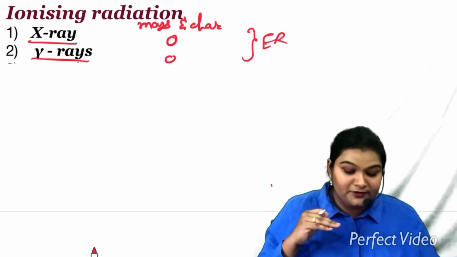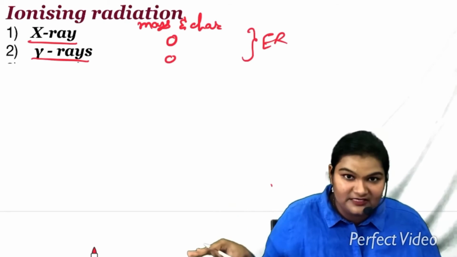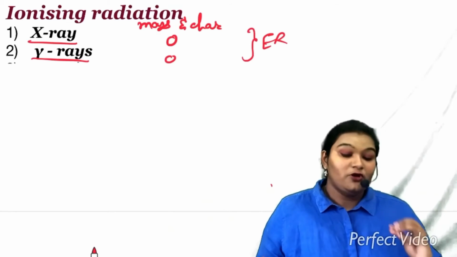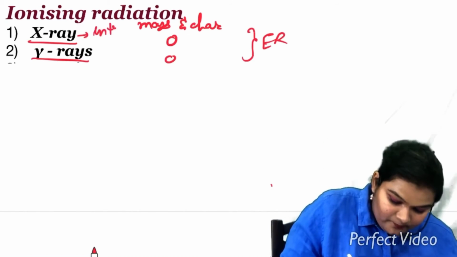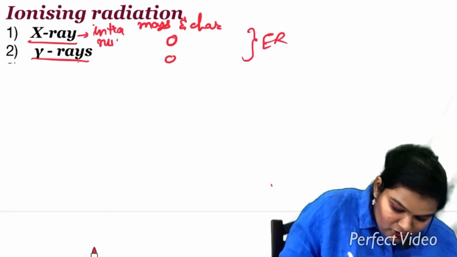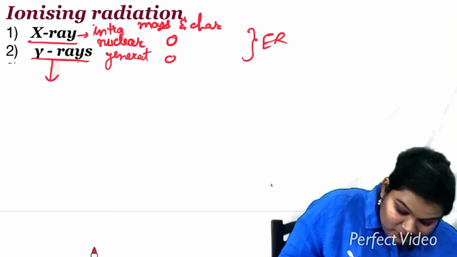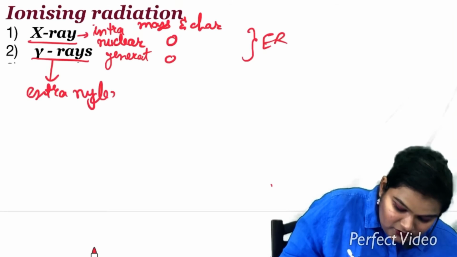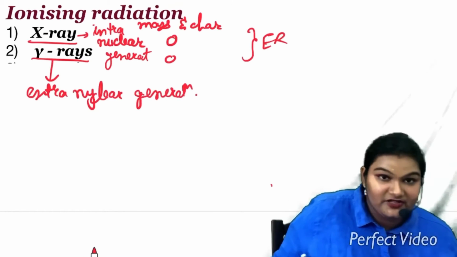It is electromagnetic, a part of the electromagnetic spectrum, it is ionizing radiation, and it travels with the speed of light. But the only point of difference is that X-rays are produced by extranuclear generation, whereas gamma rays are produced by intranuclear generation. Okay, clear till now?